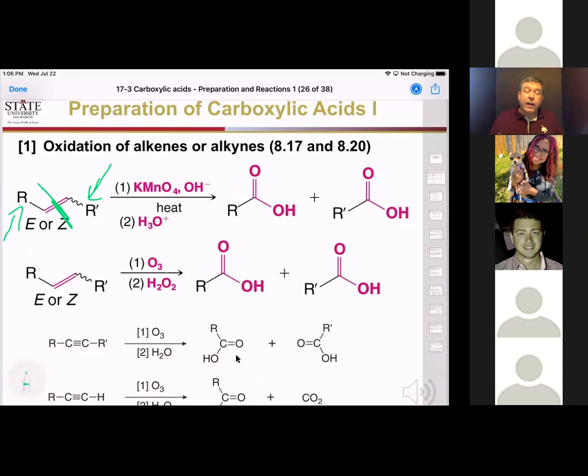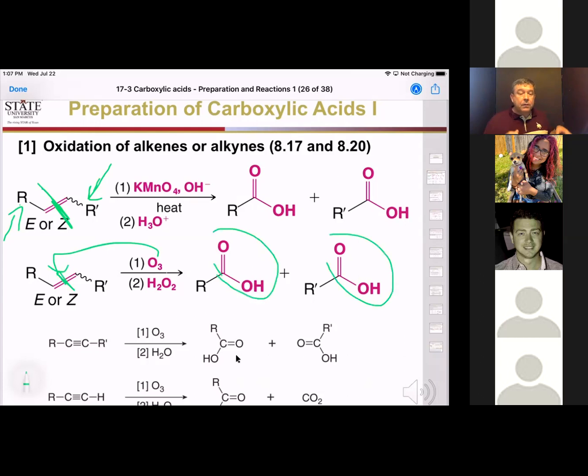The other way to do that is also a reaction we learned when we talked about benzene. The only reaction we have that oxidizes benzene down to something other than what it was is the reaction with ozone. Okay, so in the reaction with ozone, we can do a benzene or this, and again, it'll oxidize that double bond, and where that double bond was is where we're going to have our new carboxylic acids.